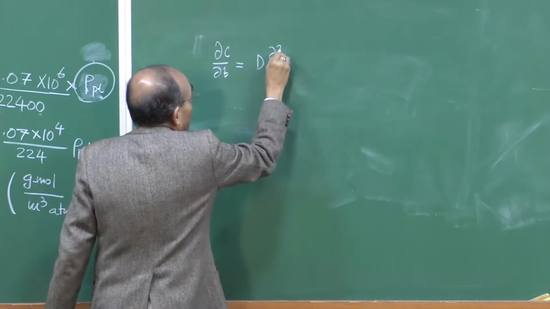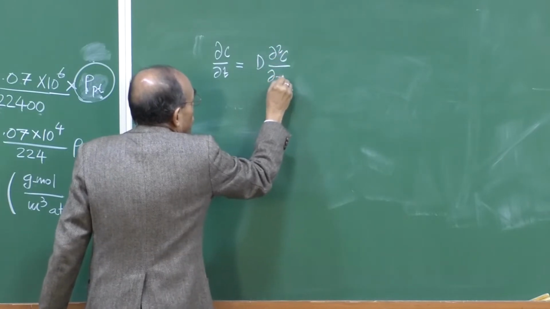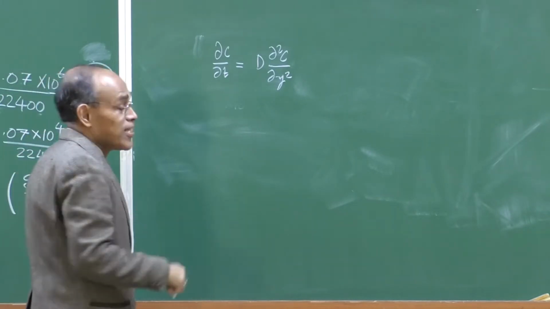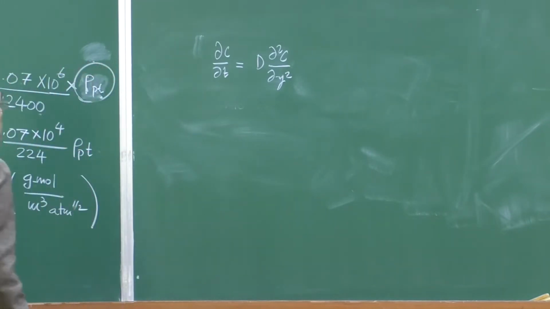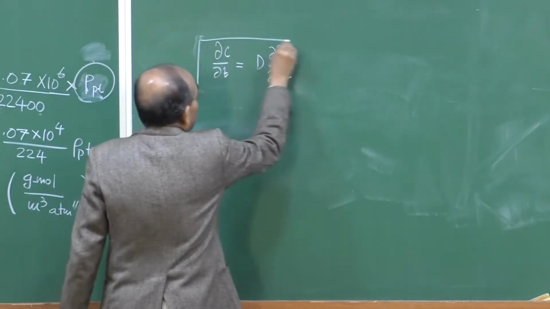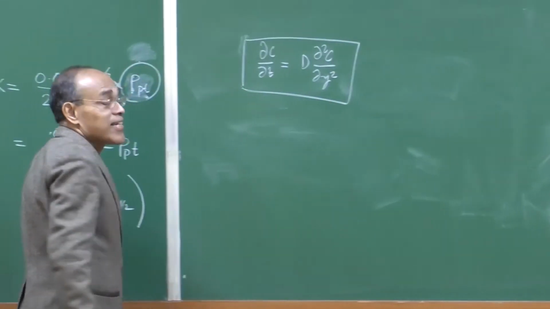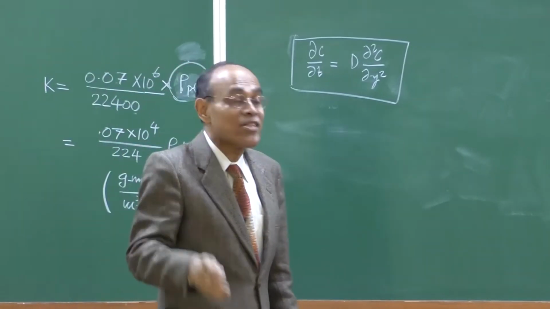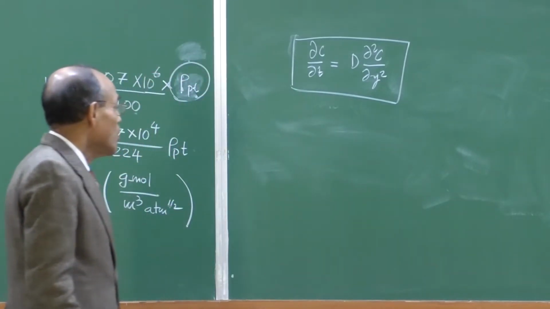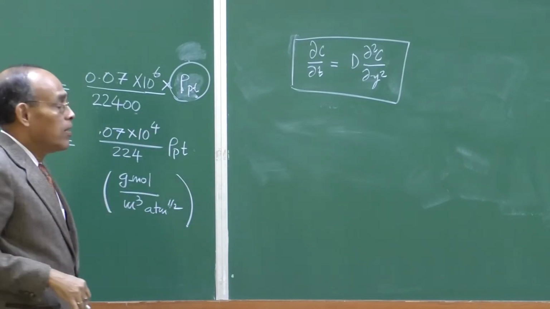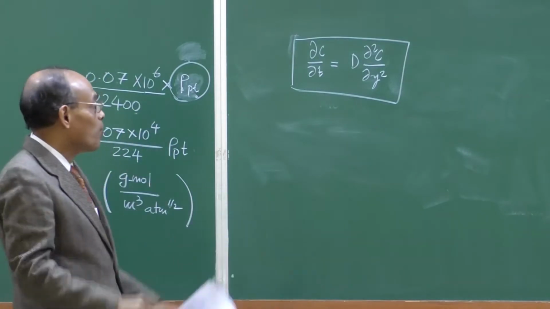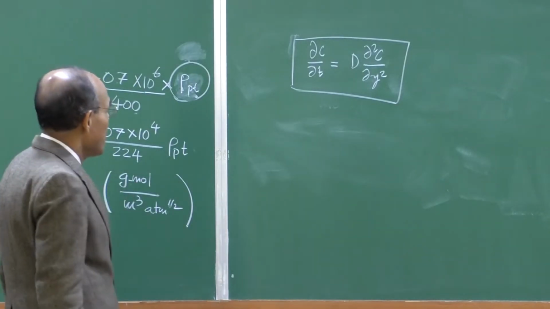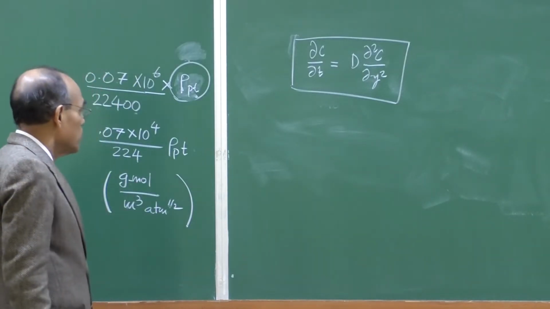So, y is the coordinate, and this is often called Fick's second law. And there is a good deal of application of unsteady state diffusion, as you all know, to find out how much carbon has diffused into steel and so on and so forth. So, I will illustrate a problem where we will see the various possible types of calculations that you may encounter in unsteady state diffusion phenomena.